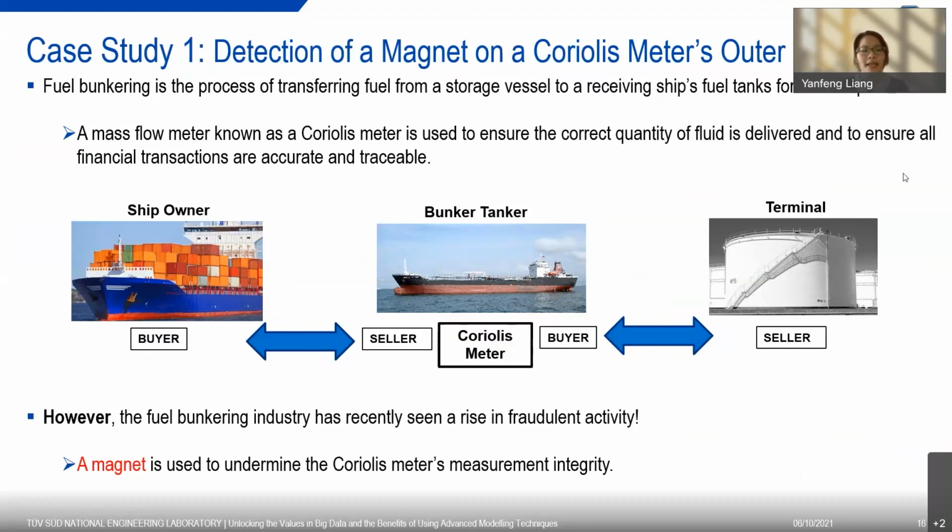Like I mentioned before, diagnostic variables have multiple interrelationships with each other. Attaching a magnet affects not just one variable, but potentially multiple variables, and those might impact other related variables. So to properly detect this criminal offence, a data-driven model was built for this purpose.